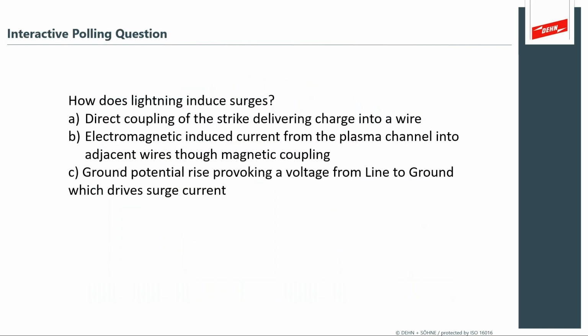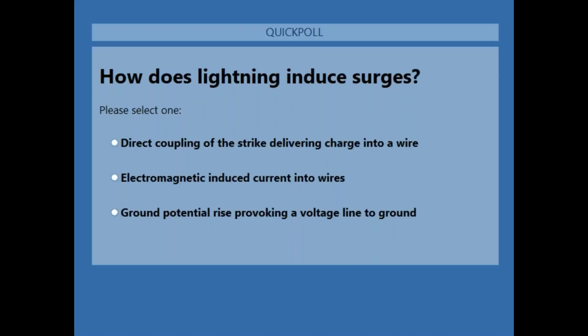And so we have an interactive polling question. We'd like to talk about this. What is the mechanism? How does lightning induce surges? And again, you might see that we're looking for what you think is the best fit. Is it a direct strike onto the power lines, for instance? They're up there high and they're very prone to electrical discharge.